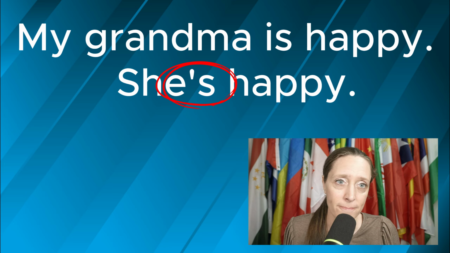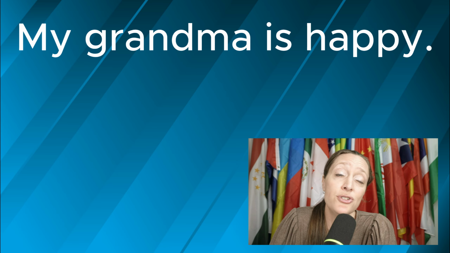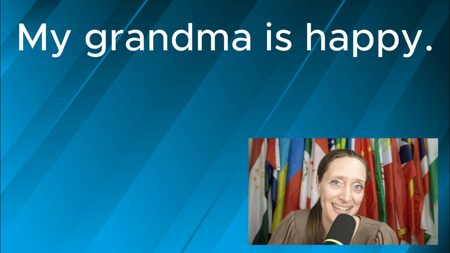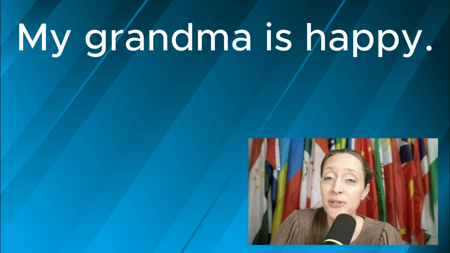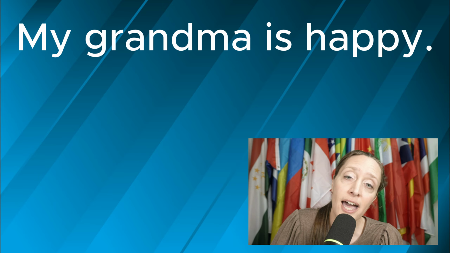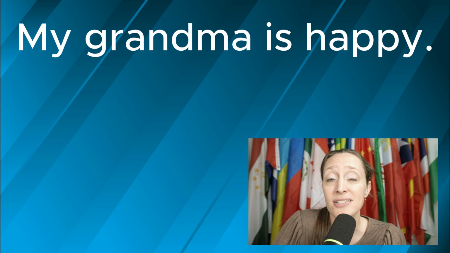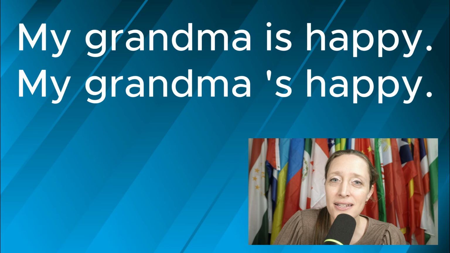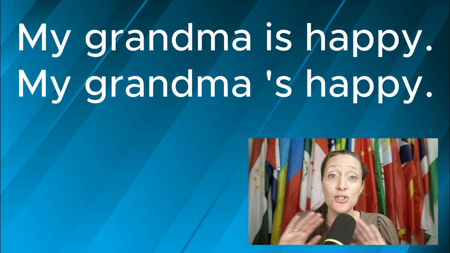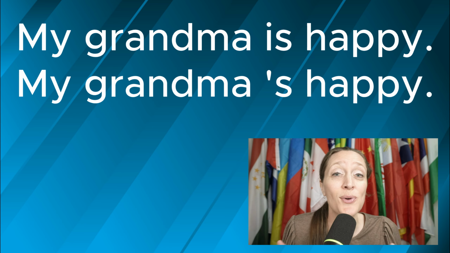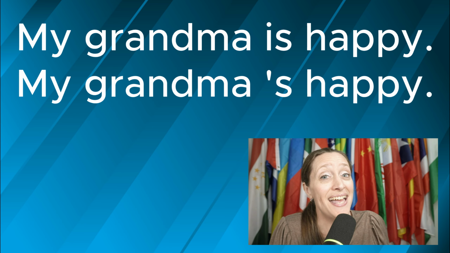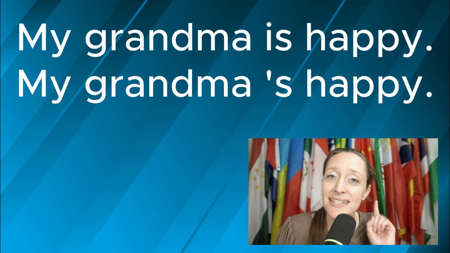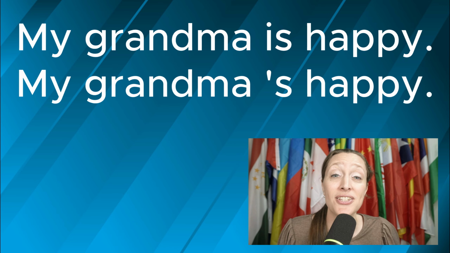She's happy. But we are used to making so many contractions in English. Most people will not say, my grandma is happy. Most people will say, my grandma's happy. Now, that is not a grammatically correct way to write the sentence, but it is definitely the way people say it.